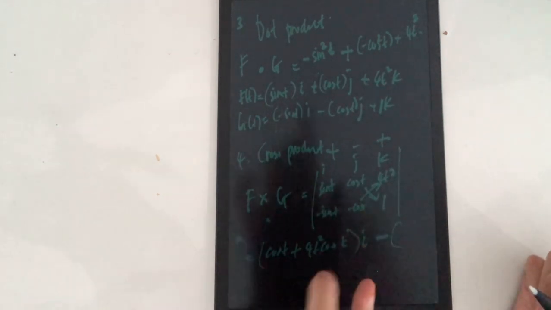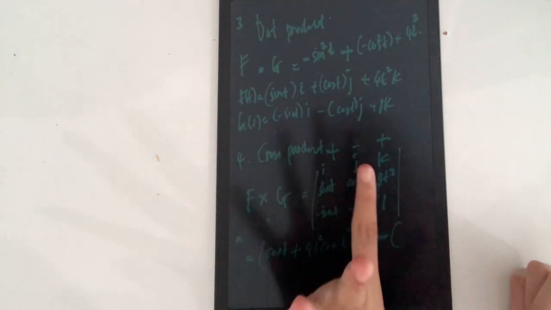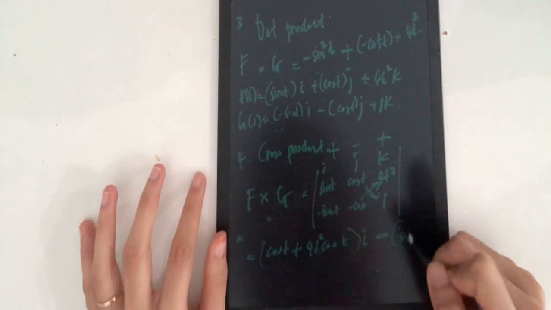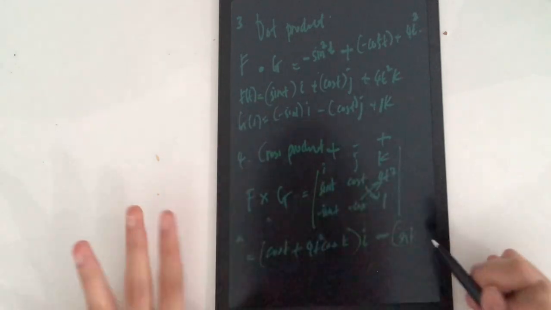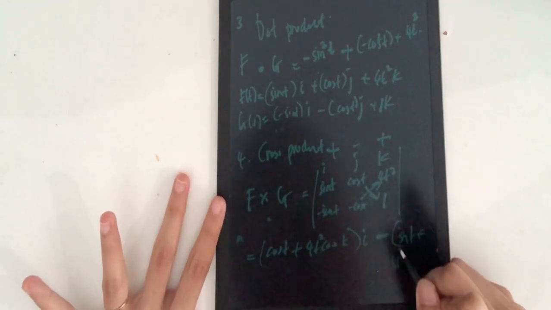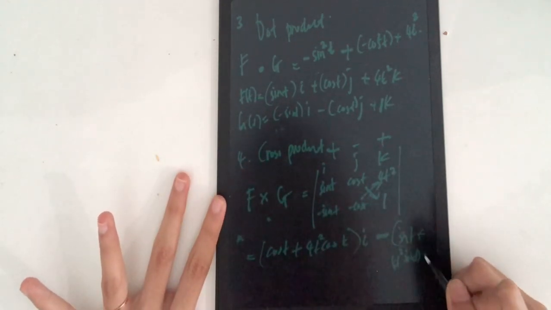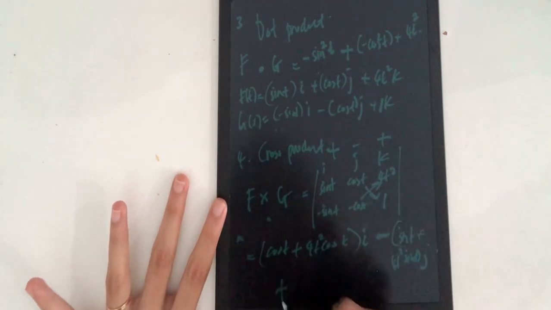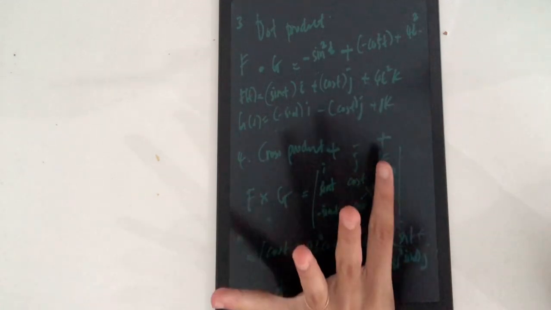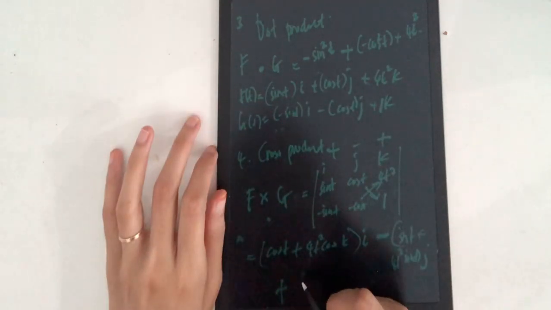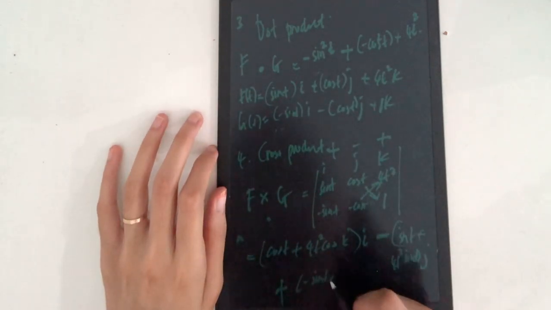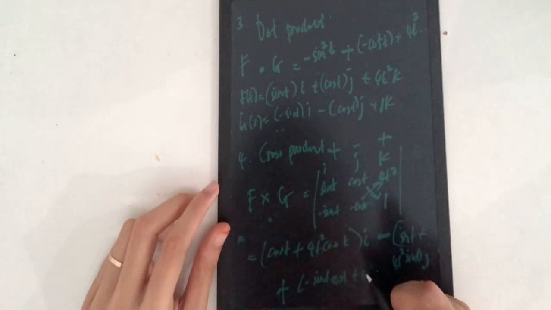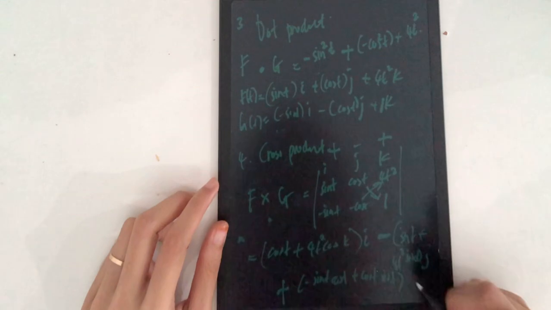Minus, so you need to close column j now. So cross multiply sin t minus, so plus 4t square sin t j. Don't forget to write j. And then the last one plus, close column k, so cross multiply here, so have negative sin t cos t minus, so plus cos t sin t k.